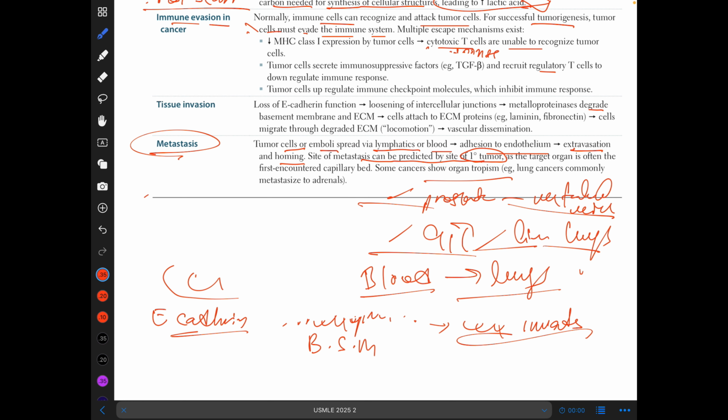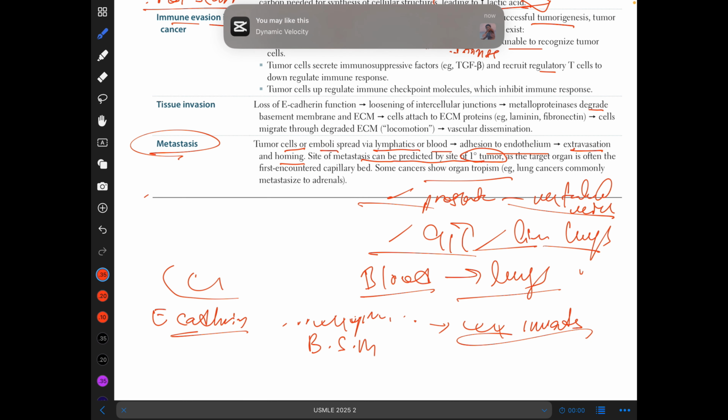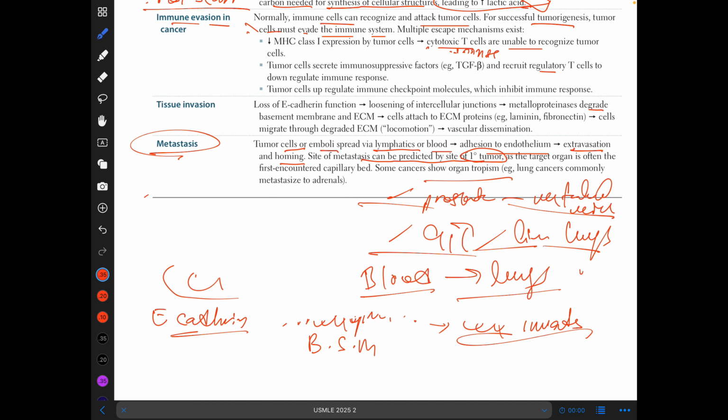Every organ has its own specific first site of metastasis, and for that we have to know their origin and how they are going to spread. And secondly, there are some other important points I want to share.